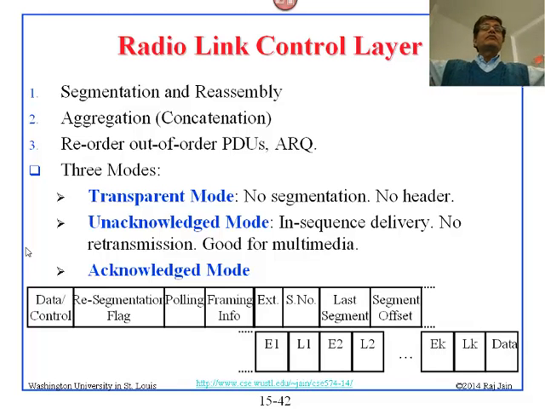Segmentation: if you get a big packet, we divide it into pieces, and at the other end we combine them. That is segmentation and reassembly. If you get very small packets, then you aggregate them. It's the opposite of segmentation. So that is the thing that it does.